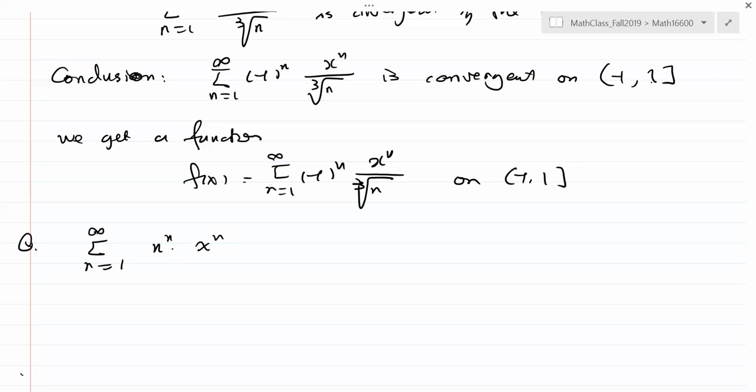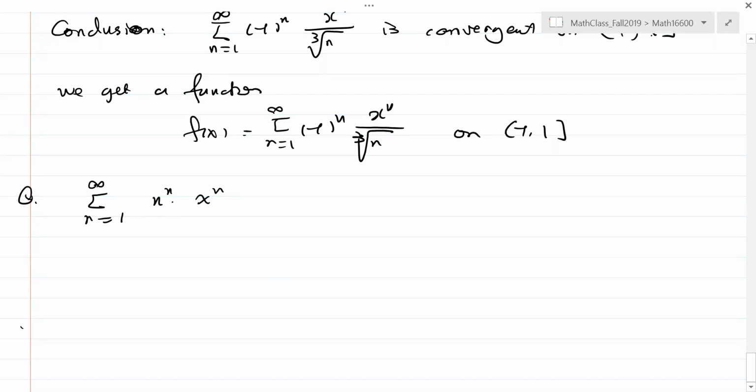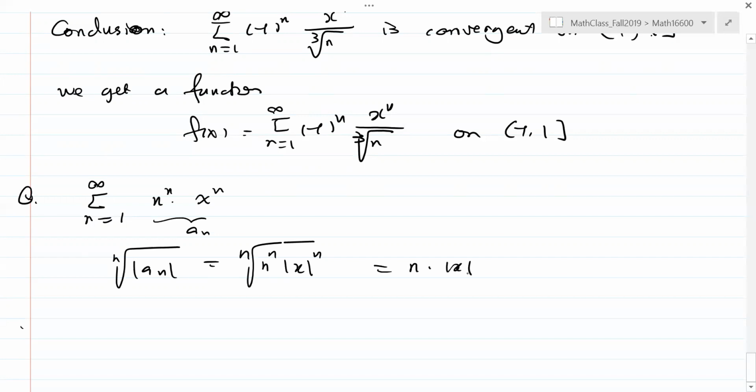So I use an nth root test, not a ratio test. The ratio test doesn't work. So with the nth root, this is my n, and it's actually n times x. So what is the limit?